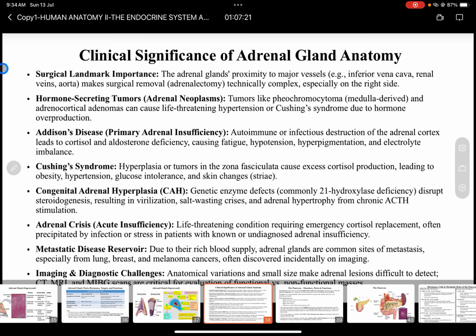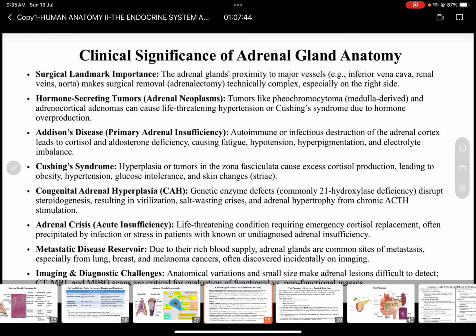Then we can also have a condition called Cushing syndrome. Cushing syndrome is like the opposite of Addison's disease. In Cushing syndrome, it's more like adrenal hypersufficiency. There are high levels of cortisol in Cushing syndrome, whereas in Addison's disease there are low levels, adrenal insufficiency.